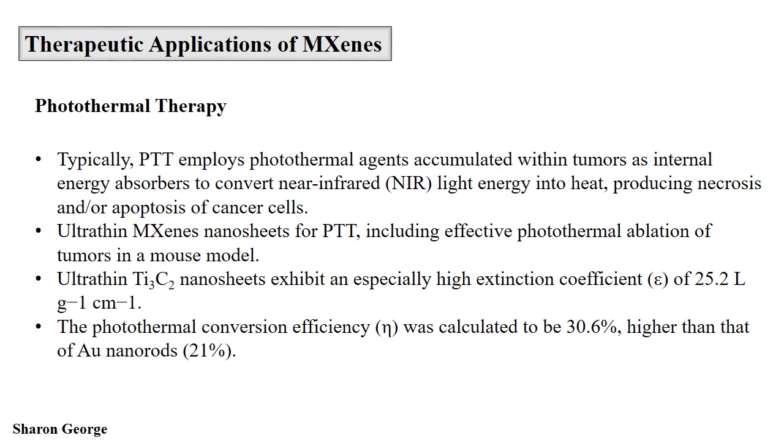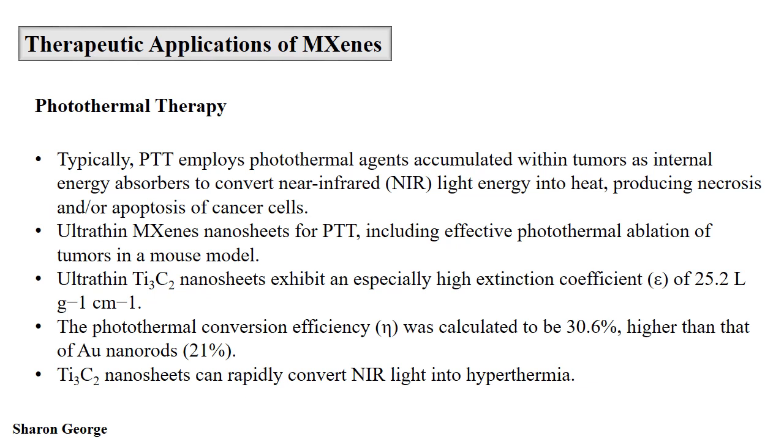So this titanium carbide based nanosheet has a conversion efficiency 30.6% higher than that of the Au nanorod. Okay, that is the photothermal conversion efficiency. So this titanium carbide nanosheet can rapidly convert NIR light into heat. Okay, so this is all about photothermal therapy.